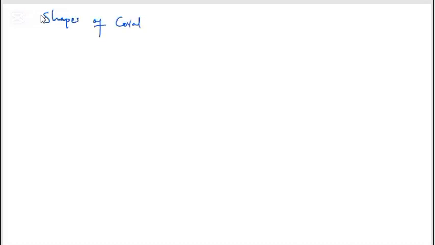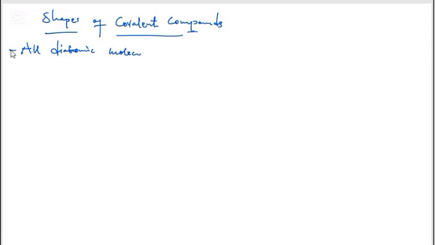This is the most important from my assessment so far. So we see all the diatomic molecules are linear. That means they are straight. All the diatomic molecules are linear in shape.